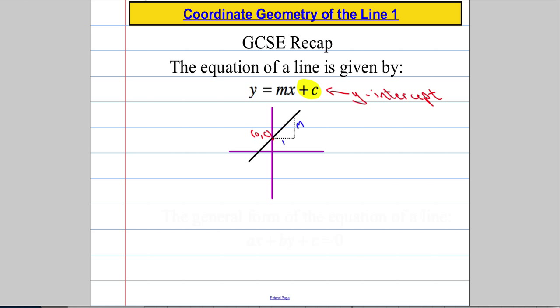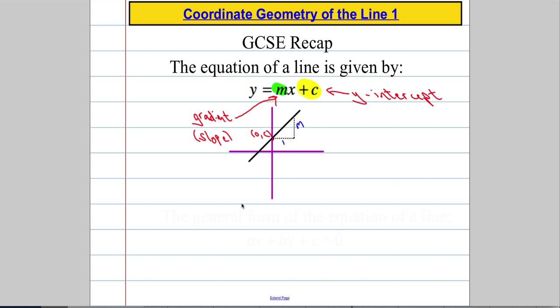So m is the gradient of the line. Another word for gradient, in Ireland, we call it the slope. Okay, so that's briefly what you should remember from GCSE.